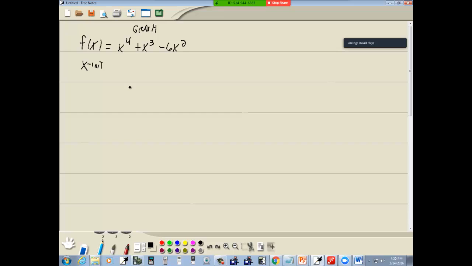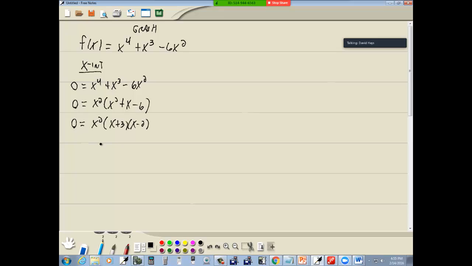You can find the x-intercept. And to find the x-intercept, you plug 0 into the other variable. So I plug 0 in for y. And I get 0 is equal to x to the 4th plus x to the 3rd minus 6x squared. Now I'll factor out a GCF of x squared, and that gives us x squared times x squared plus x minus 6. And then this factors as x plus 3 times x minus 2.